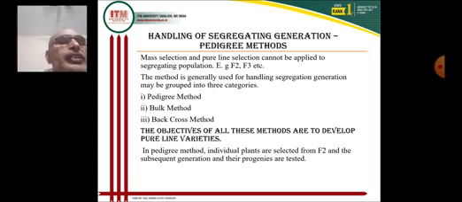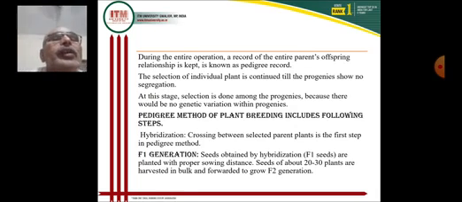In pedigree method, individual plants are selected from F2 and subsequent generation and their progenies are tested. During the entire operation, a record of entire parent-offspring relationship is kept.